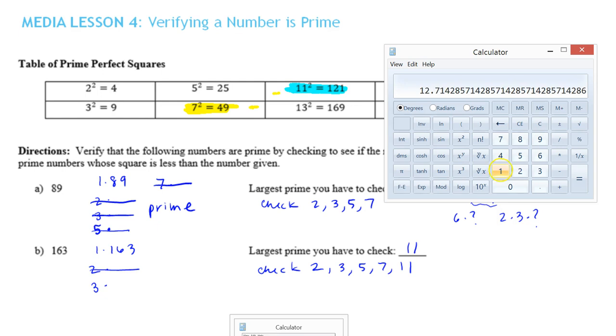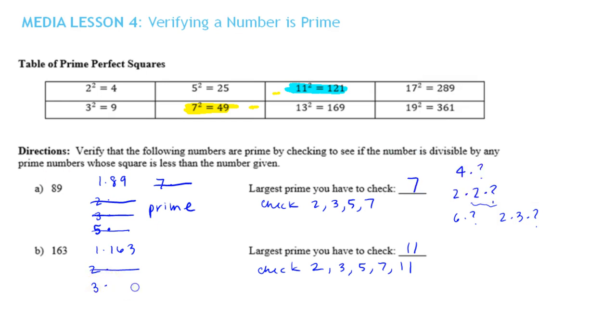Let's see if it's divisible by 3. Check on the calculator. 163 divided by 3. No, it's not. There's a remainder, so we'll cross out 3. Next, we can check 5. Notice it doesn't end in 0 or 5, so it's not divisible by 5. If you want, you can check on your calculator, but I'm going to cross that out.